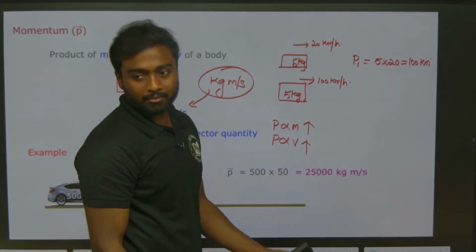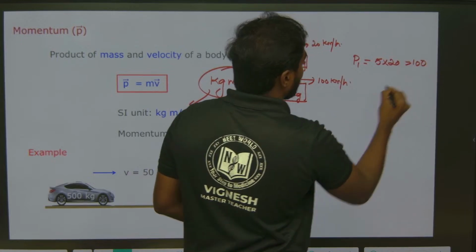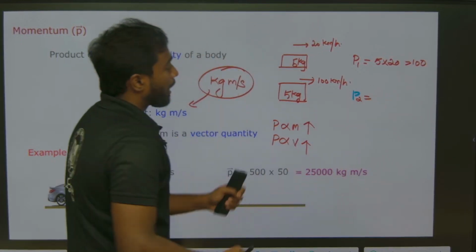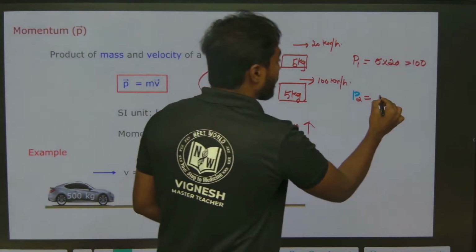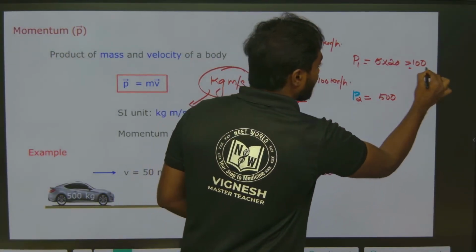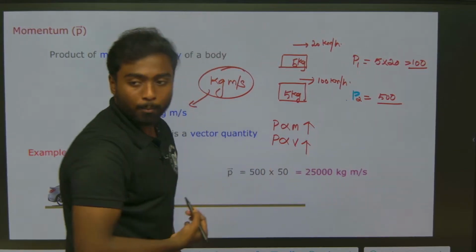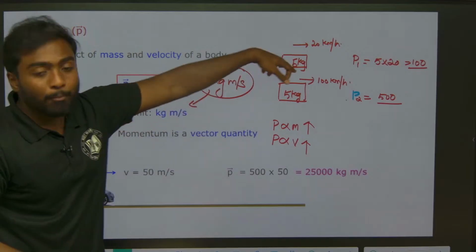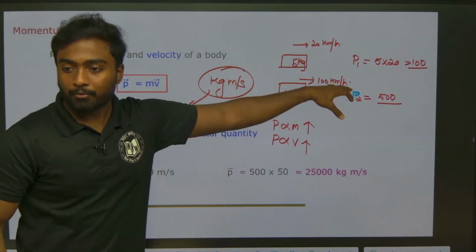For object 2, it is 5 into 100, which means 500. So momentum 1 is less than momentum 2, and the impact will be more for object 2.